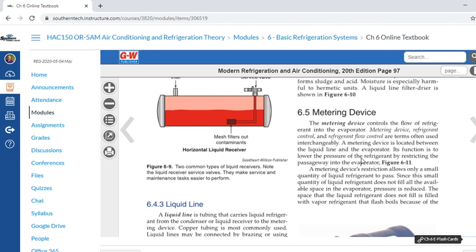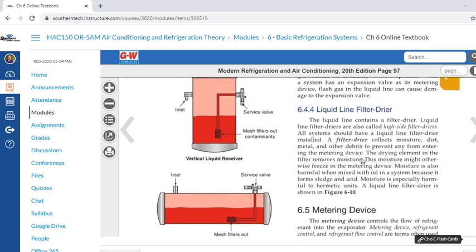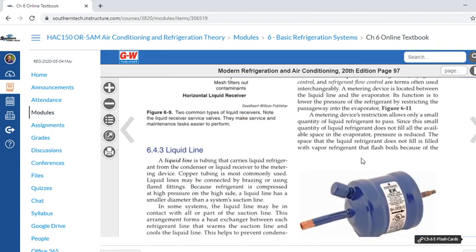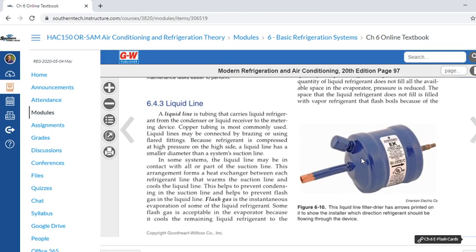Liquid line dryers. This is this section right here. The picture below is a liquid line dryer. A few things about this. Most systems should have a dryer on it. If you're installing a brand new system, this is something you really should have on the system.